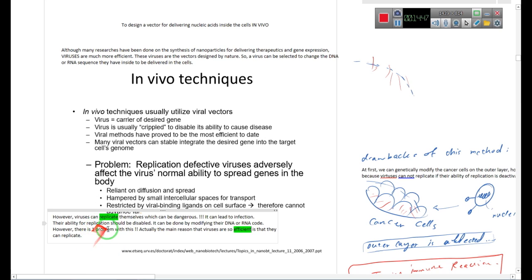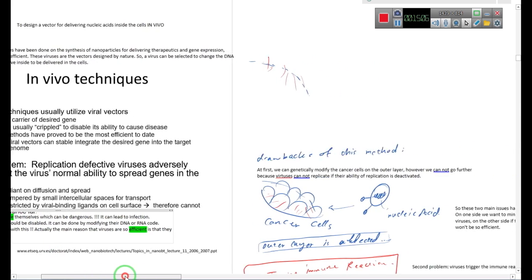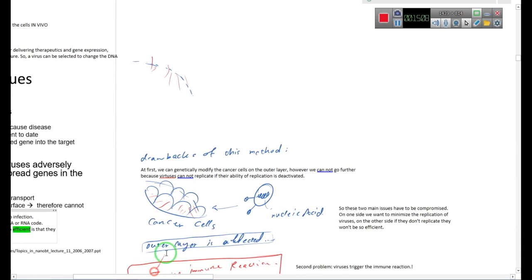On the other hand, if a lot of viruses try to replicate, the problem is that the immune response of the body will be activated, and this is something that we don't want to happen.